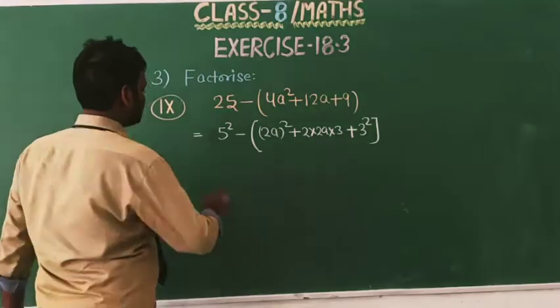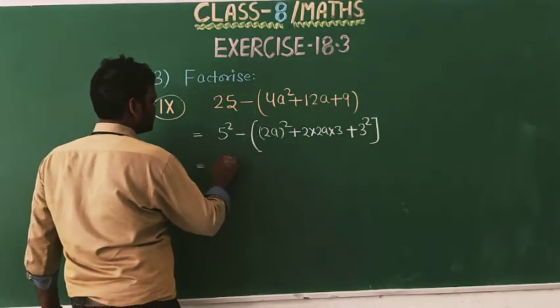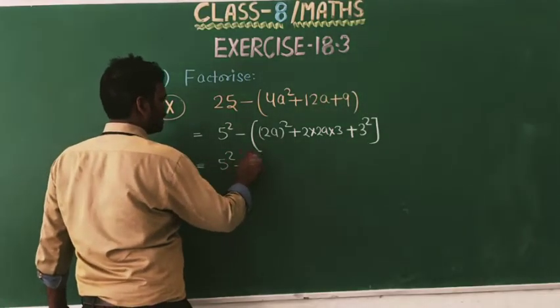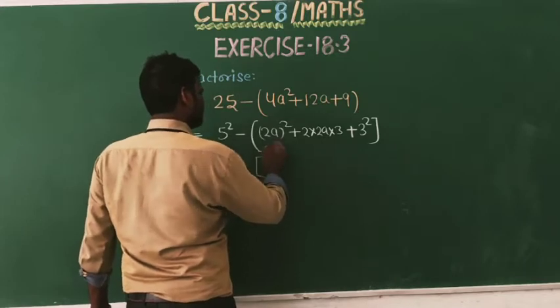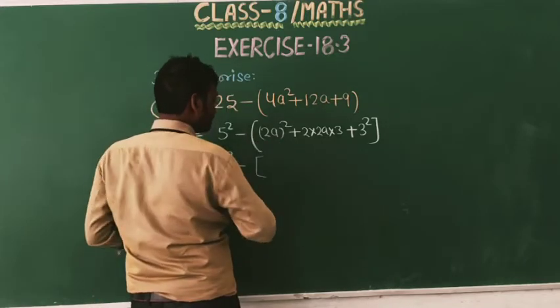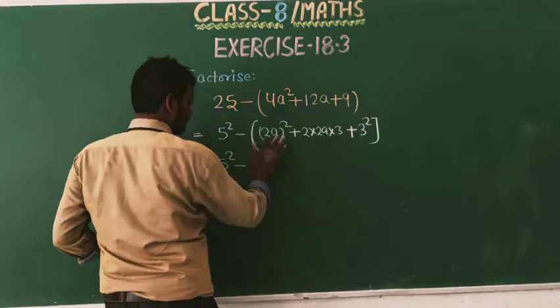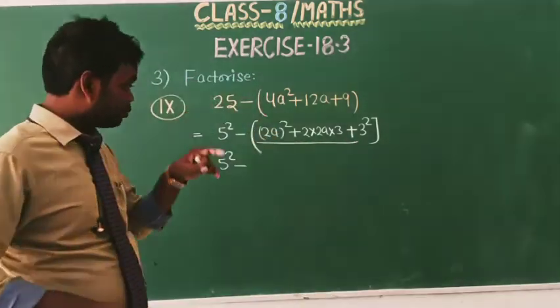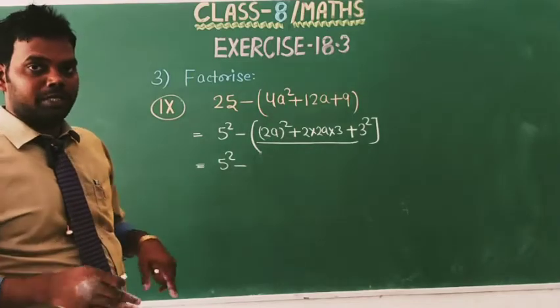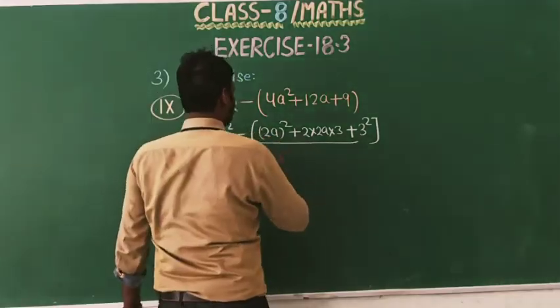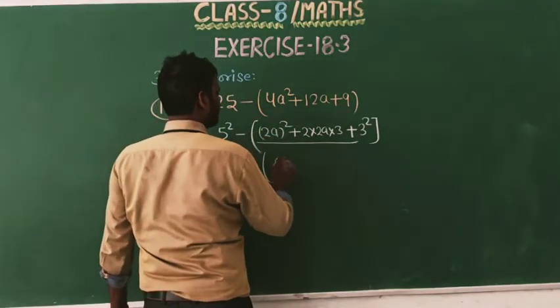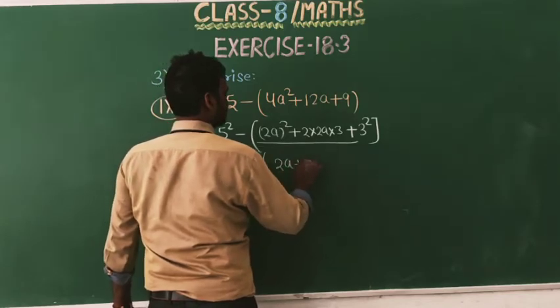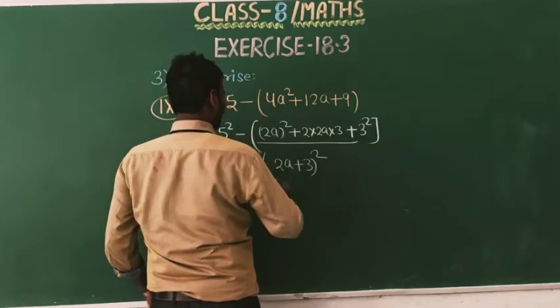Okay, so this is the same as 5 square minus, and now using the identity a square plus 2ab plus b square equal to (a plus b) whole square, this becomes (2a plus 3) whole square.